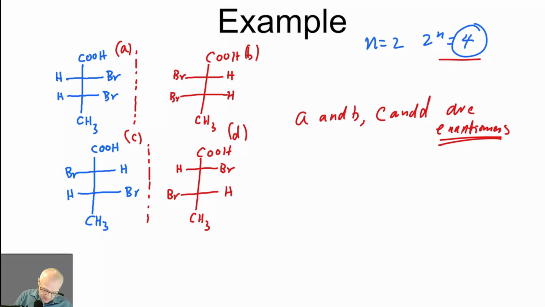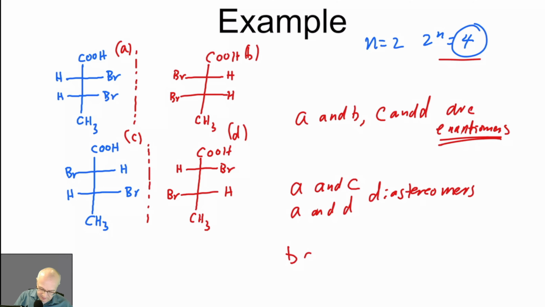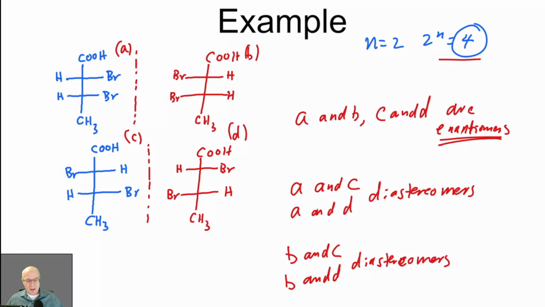Now, A is a diastereomer to C, and A and D are diastereomers. B and C and B and D are diastereomers. And that's how they're all related.